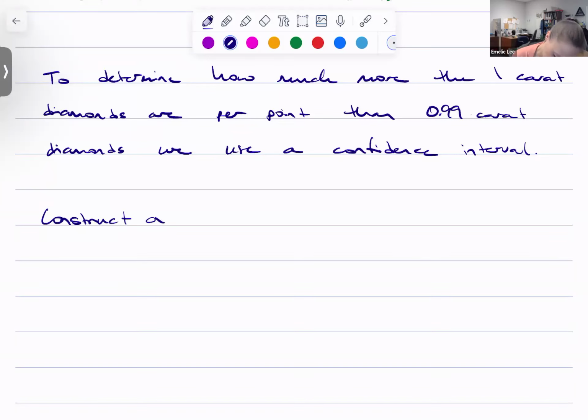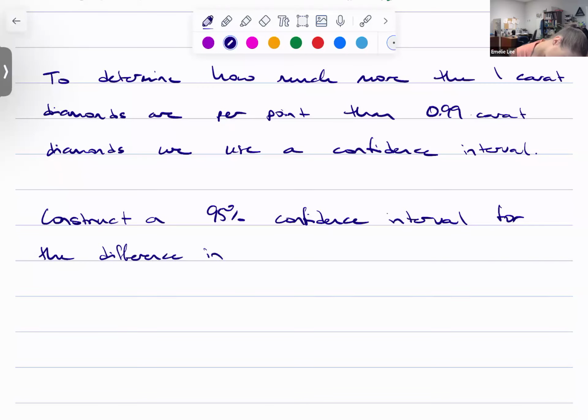Construct a 95% confidence interval for the difference in the mean point prices.